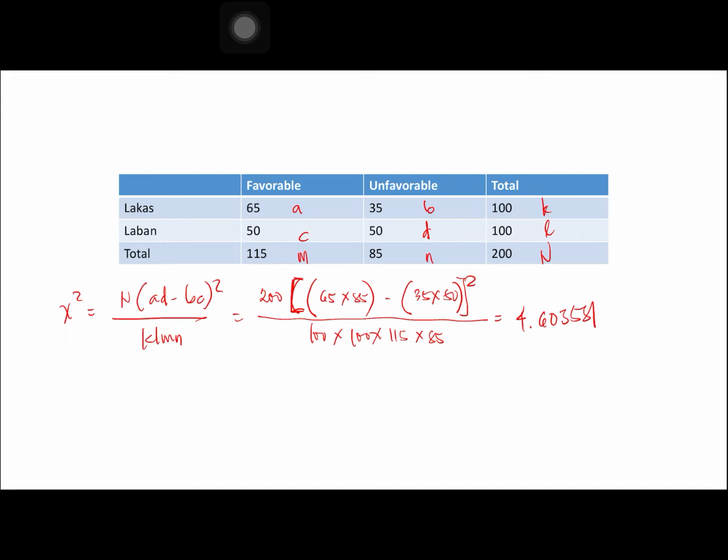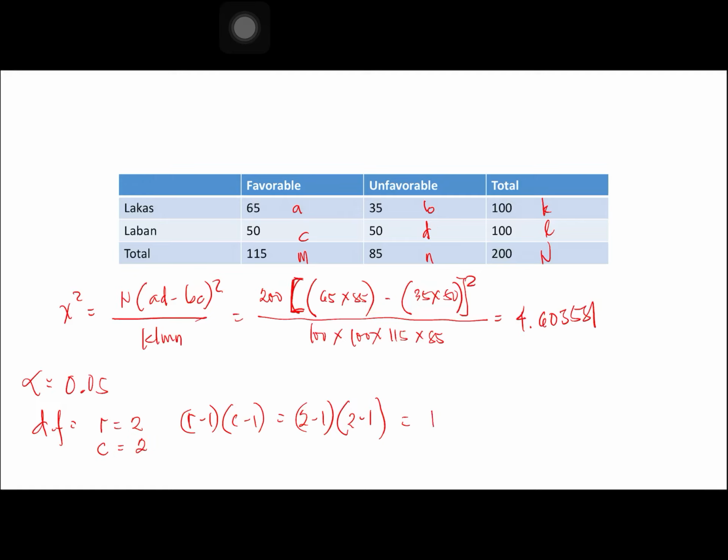So for our degrees of freedom, let us say we are going to test this at 0.05. Our rows are 2 and our columns are also 2. We have rows minus 1 times columns minus 1, that is 2 minus 1 times 2 minus 1, which is 1.